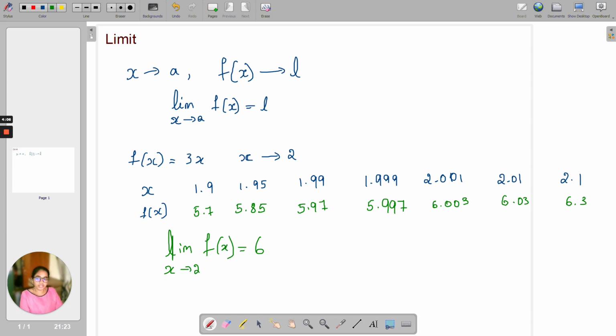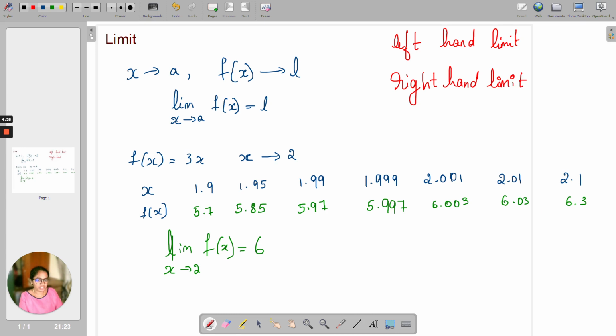Yes, there is another concept in limits that you should know. It is called left hand limit and right hand limit. Let me write that down. Left hand limit and right hand limit.